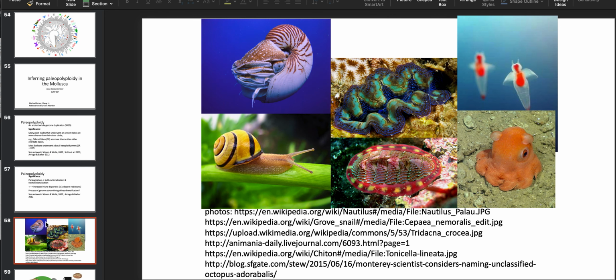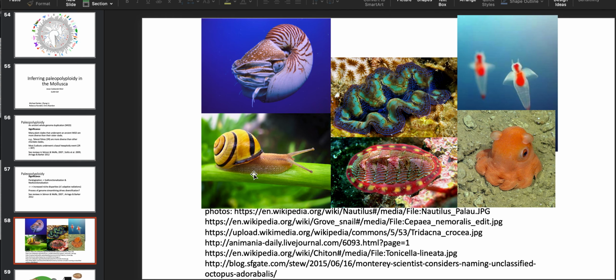This research is coming out of a time when Lee and Mike Barker and their group were working on a variety of different plant systems and then insects. I came to work with them a little bit and said, hey, we should check out the mollusk situation and see what's going on.